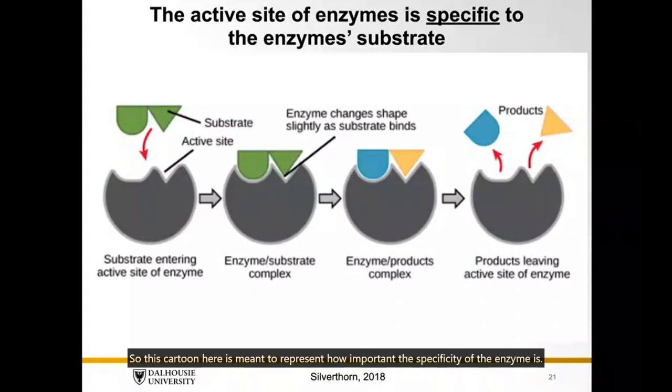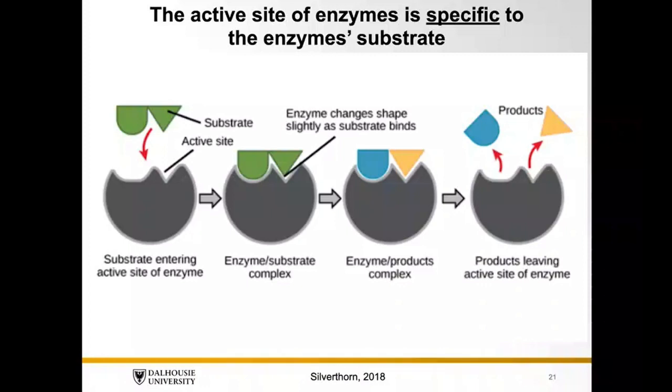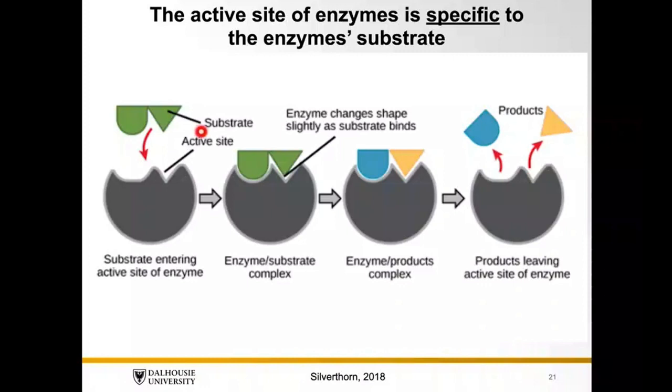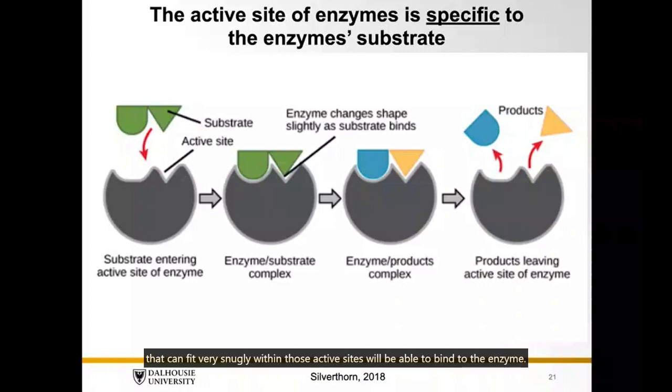So this cartoon here is meant to represent how important the specificity of the enzyme is. And we've already mentioned this. The active sites here have a very specific shape. And only a substrate or a family of substrates that can fit very snugly within those active sites will be able to bind to the enzyme.